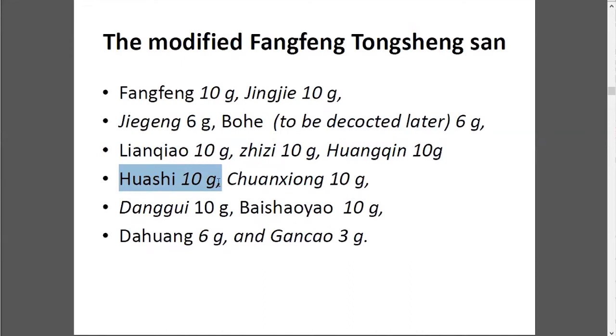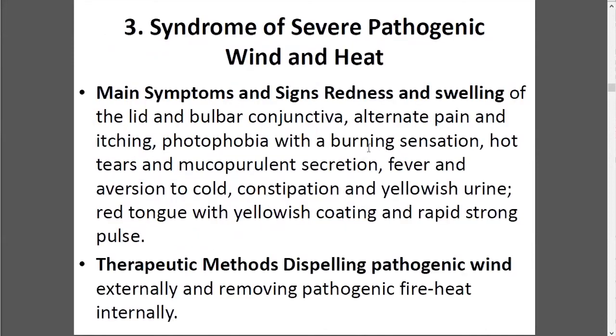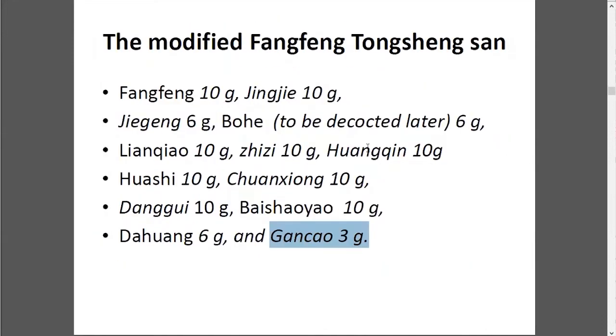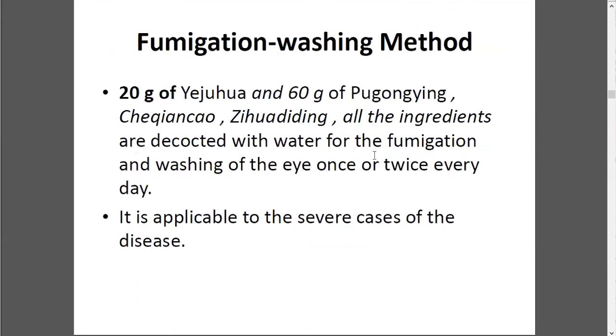And 川芎 moves blood. 当归 tonifies blood and moves blood. 当归 and 白芍 tonify blood. And 大黄 purges heat. And 甘草 harmonizes the whole formula. So that's for this pattern. Basically it clears heat; it is mainly internal heat, but there is still some external heat in there.